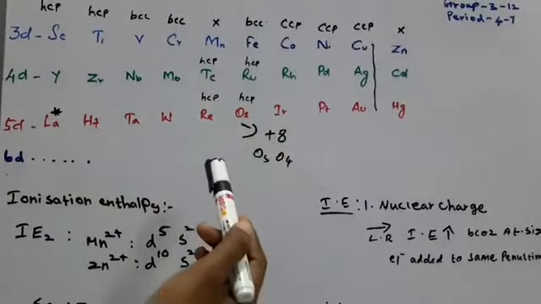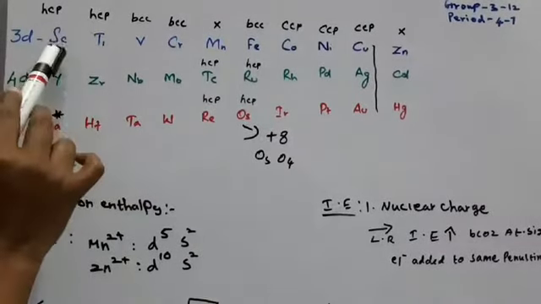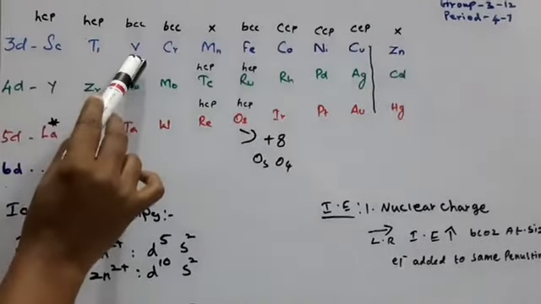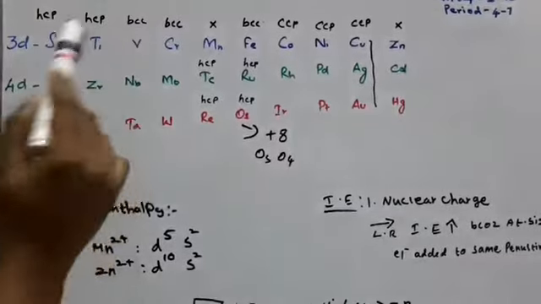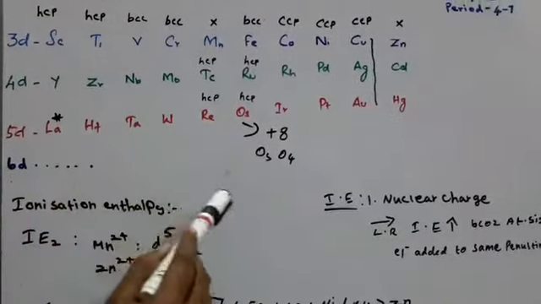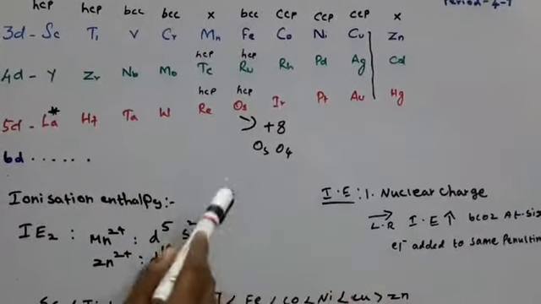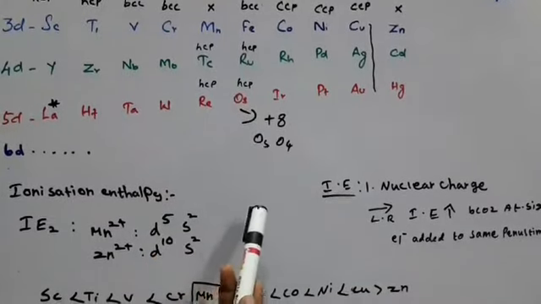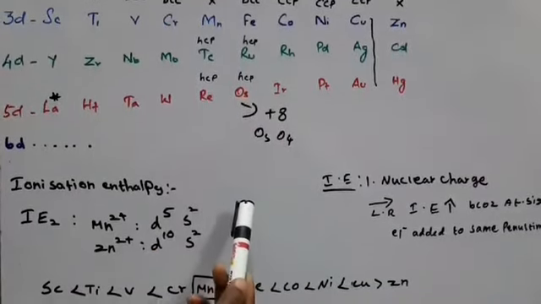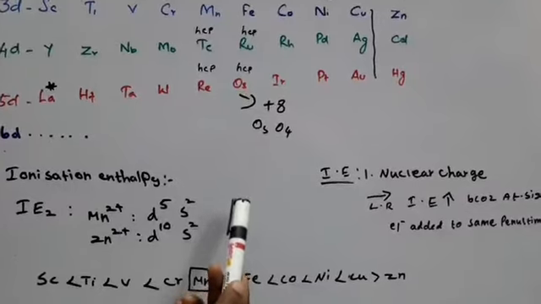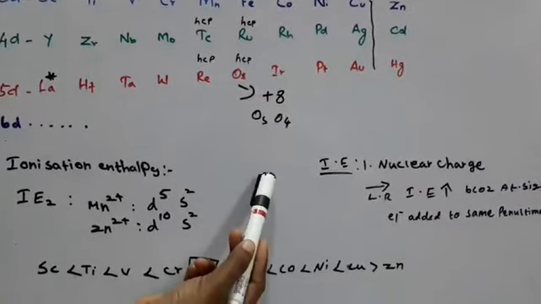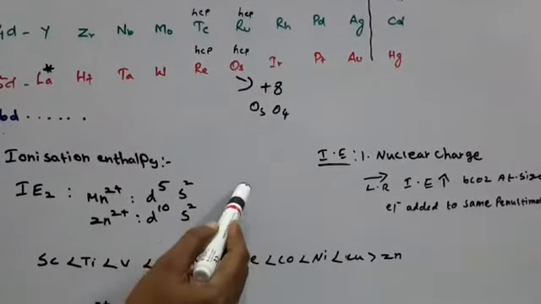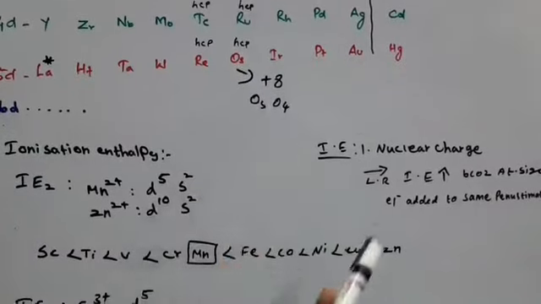Atomic numbers are 21, 22, 23 and so on, and added electrons go to the same penultimate shell. So the size decreases because of the effective nuclear charge between the nucleus and the shell, and ionization enthalpy increases.